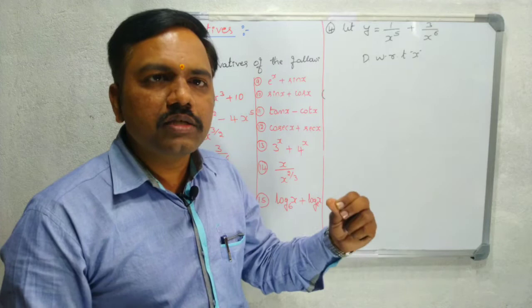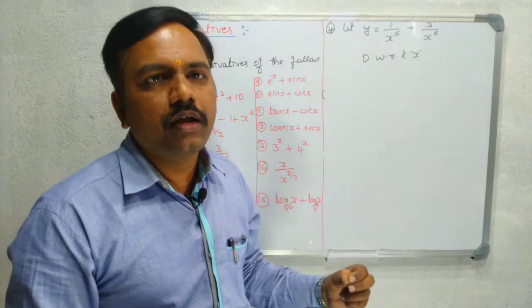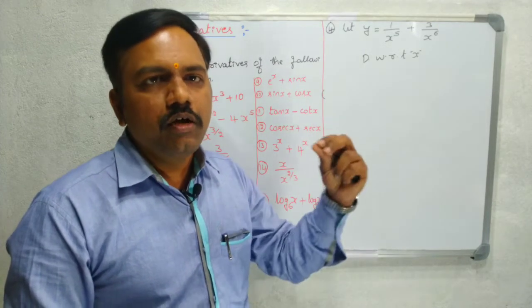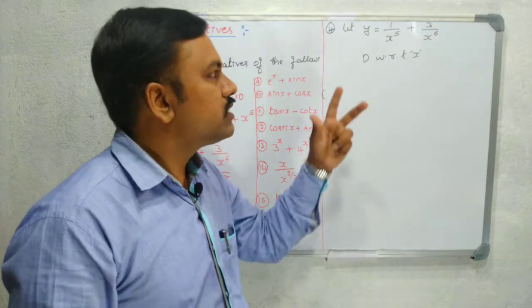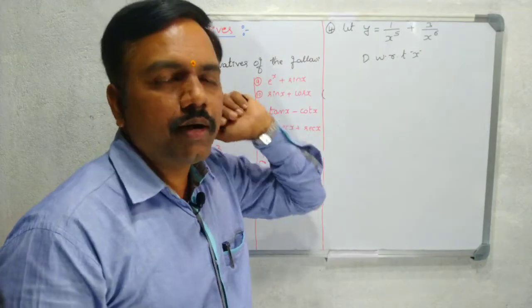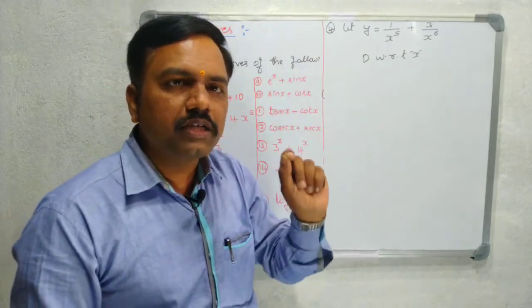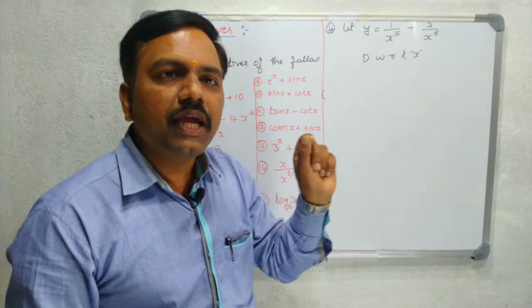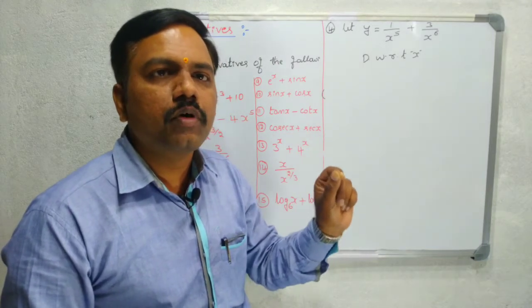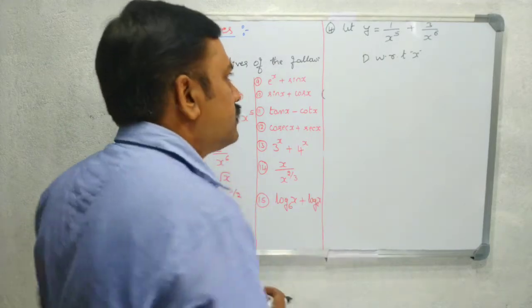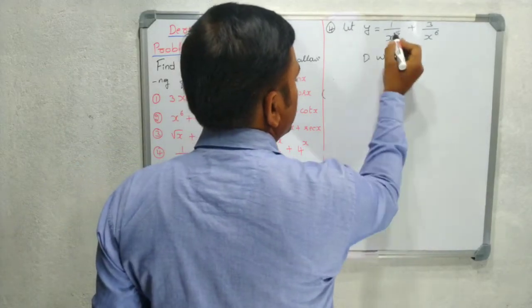See, if you don't know the formulas, you cannot do the problem. So you must know about the formulas. Is it clear? So it is in the form of 1 divided by x power n. So 1 divided by x power n differentiation is minus n divided by x to the power of n plus 1. So that's why I differentiate this function.